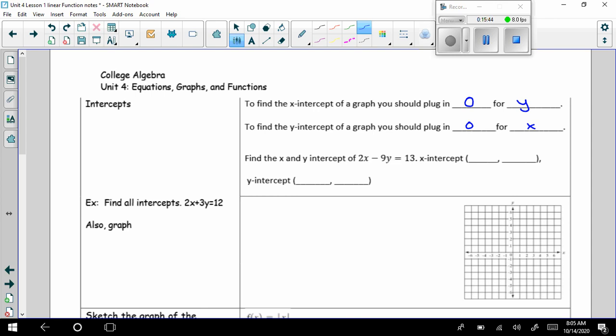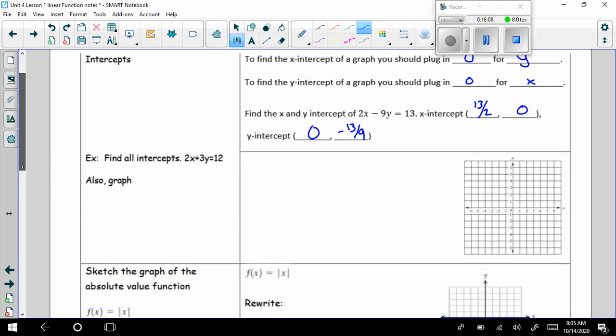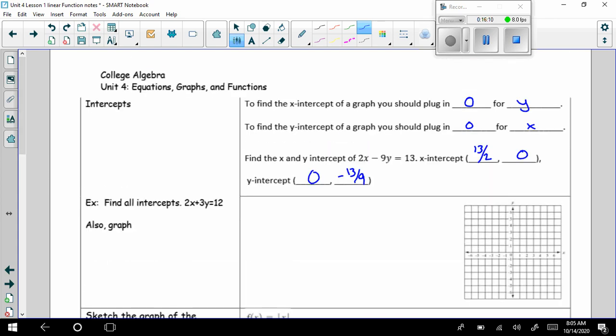And so if we plug 0 in for y here, we get (13/2, 0). And then if we plug 0 in for the x, we get (0, -13/9). Those are icky numbers to graph, but those are the intercepts. So this is why we wouldn't always necessarily graph by the intercepts, because often you get fractions.